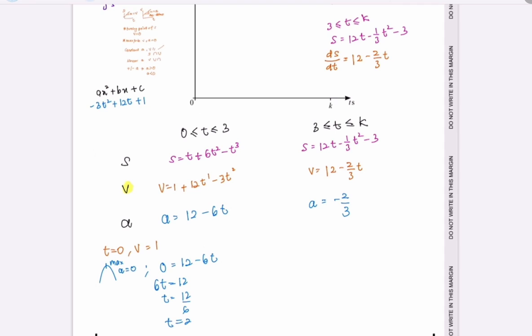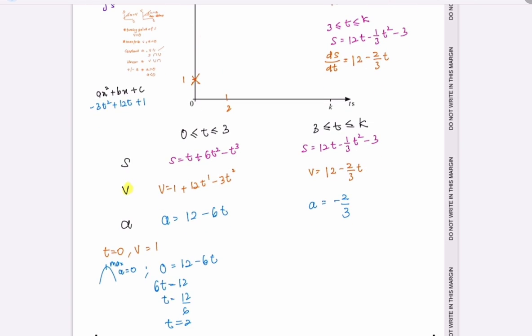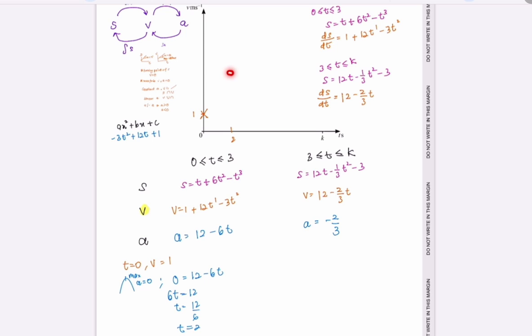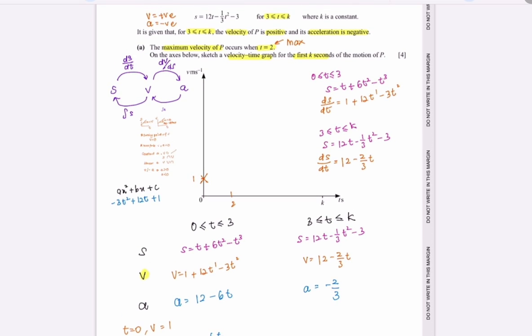Okay, let's plot our graph. If t is 0, v is 1. That is our starting point of a sad face, with a maximum at t equal to 2. Now, we want to know how high this is. They also mentioned that at t equal to 2 it's the maximum velocity, so it's confirmed that that is the highest point of our concave graph.